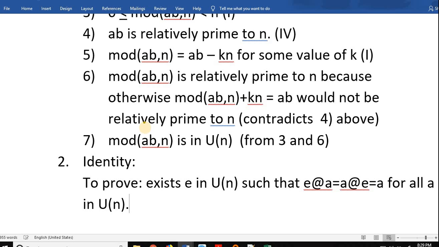Right? That's what I want to prove. As I said, because people are getting confused, it's better to state that up front.